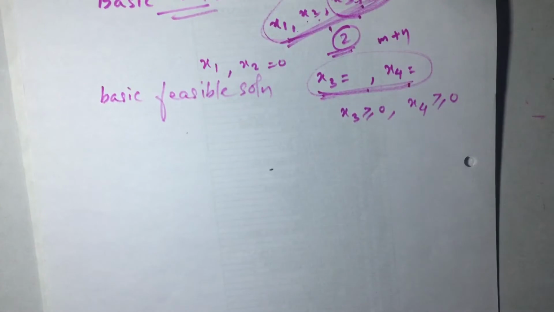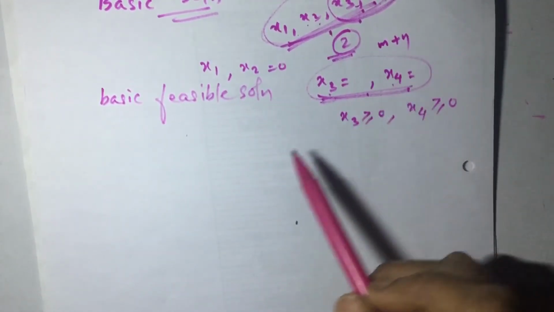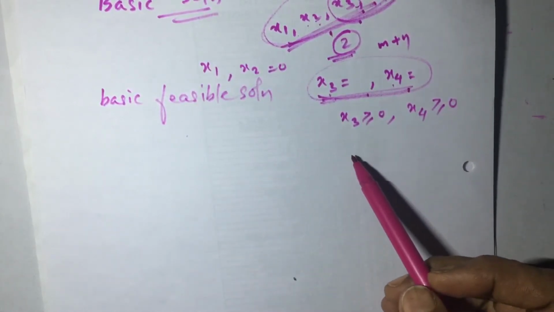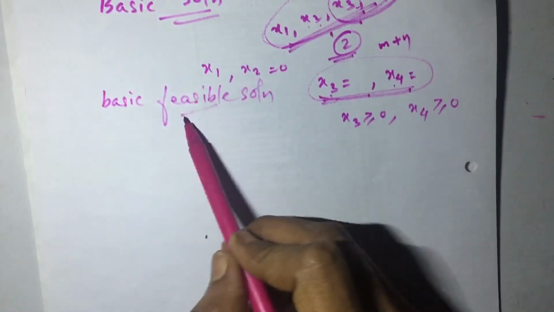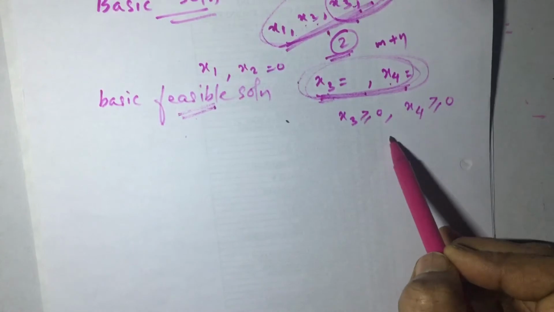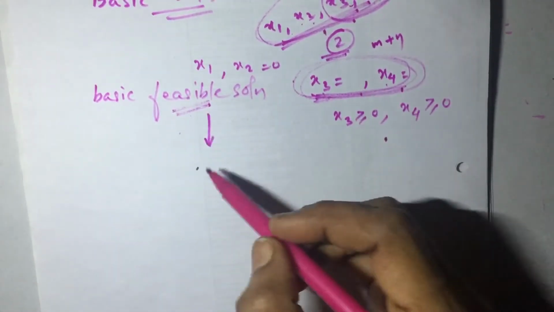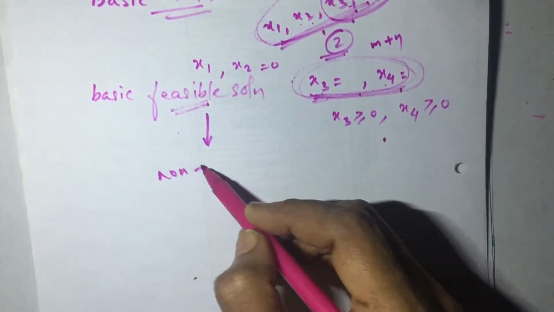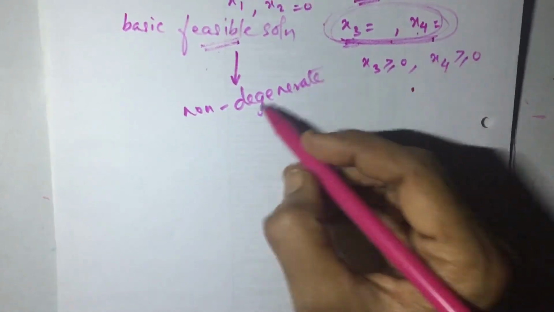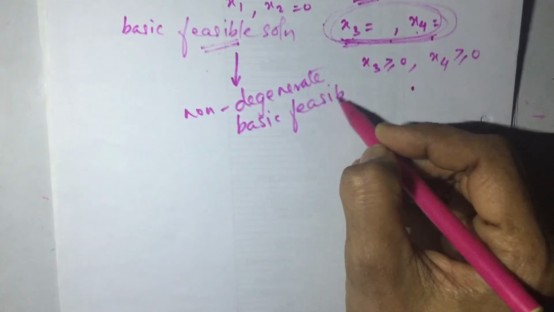Now here, all the m values of the basic variables, whatever you are getting, if they are positive, then this basic feasible solution is called a non-degenerate basic feasible solution.